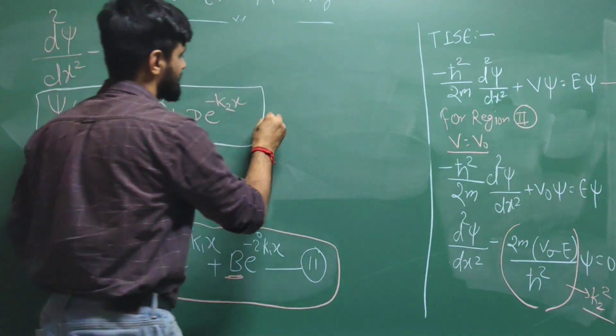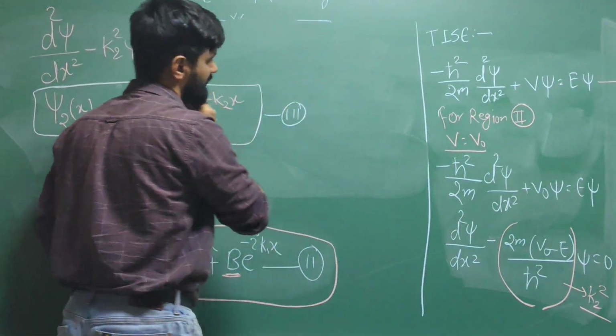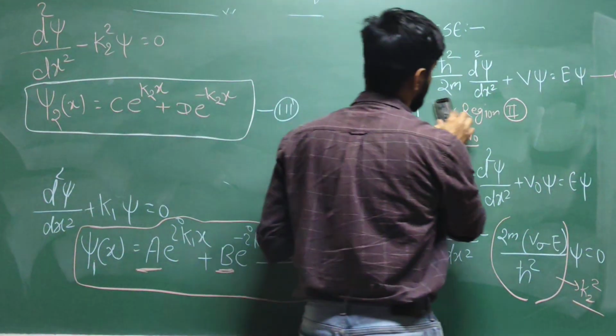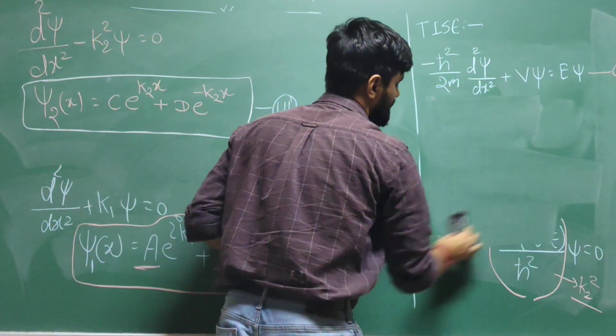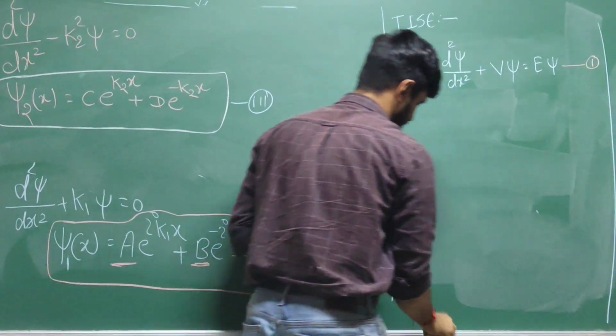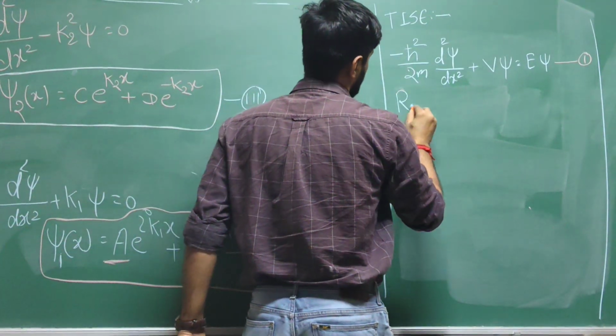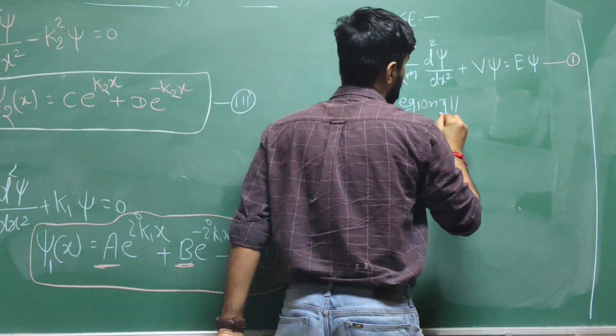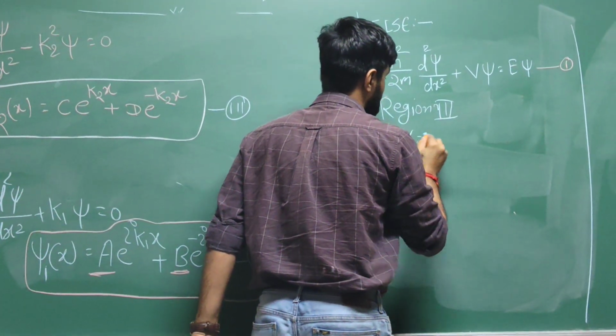So here we have calculated the wave function in region 2, and I'll assume this is our equation 3, right? Now we'll solve the Schrodinger equation in region 3. Is that clear? In region 3, we have seen that the potential was 0.